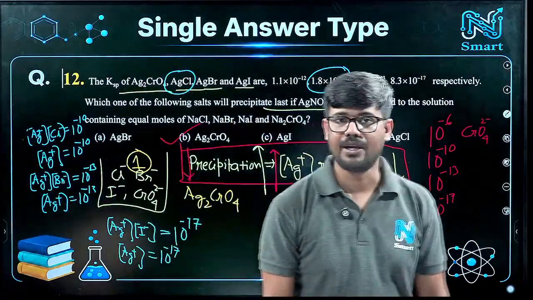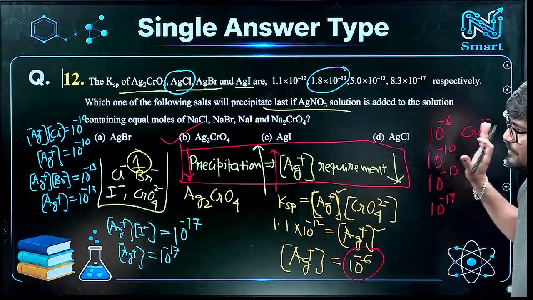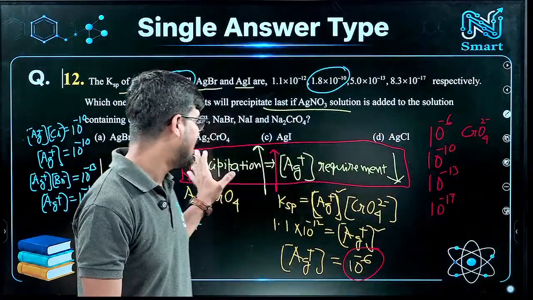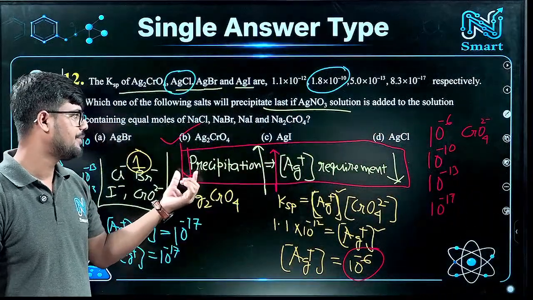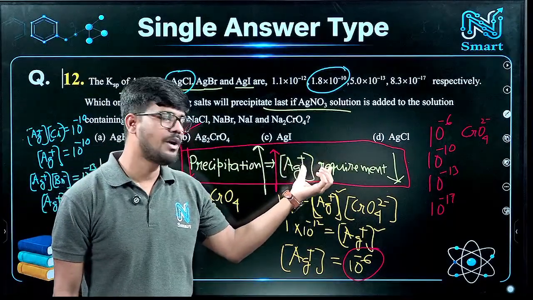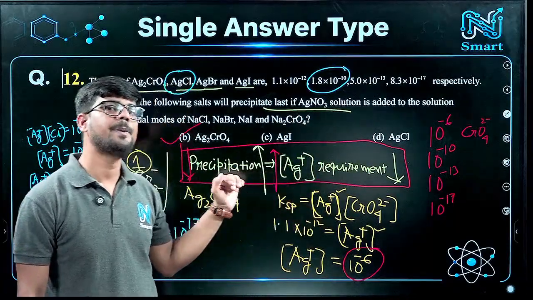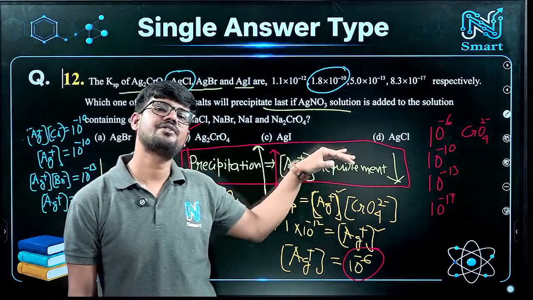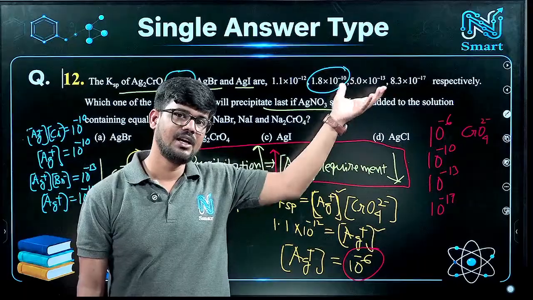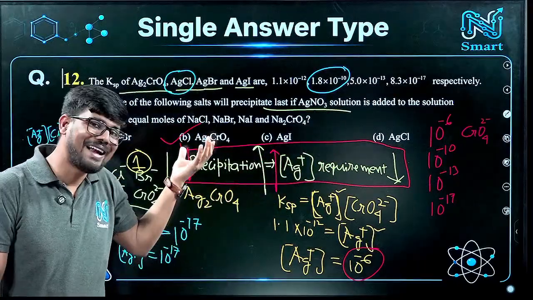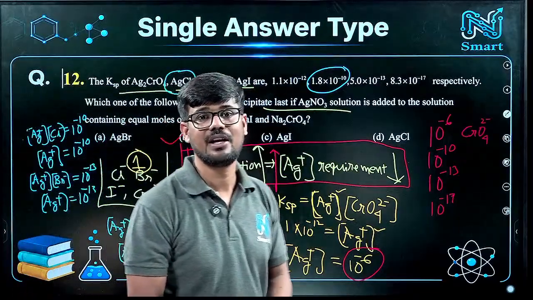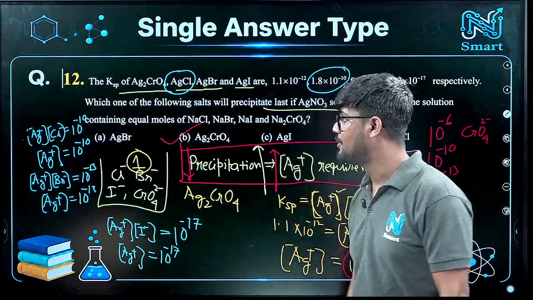Answer is B. So this is a very conceptual question. Again, I am repeating the same philosophy here. If the concentration requirement is less, precipitation will be fast, at first. If the concentration requirement is very high, then precipitation will be at the end, at the last. This is the idea, and based on that we have this entire question.